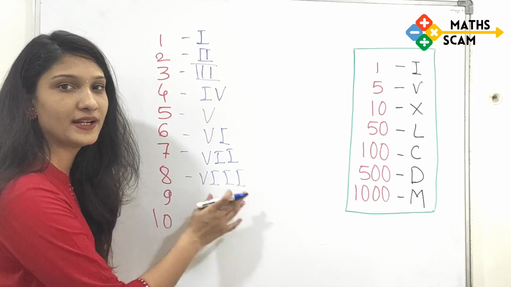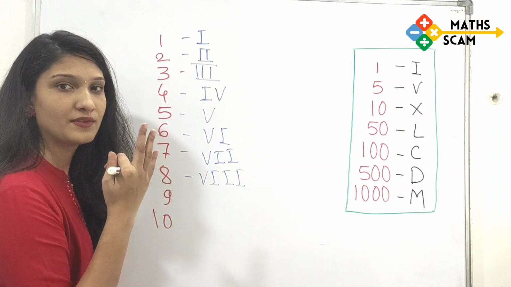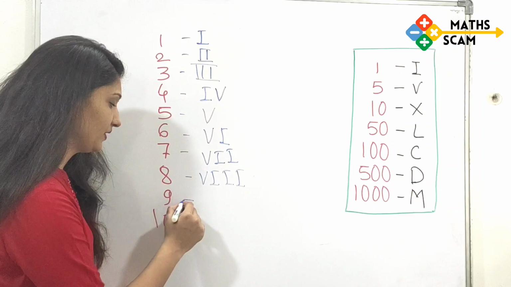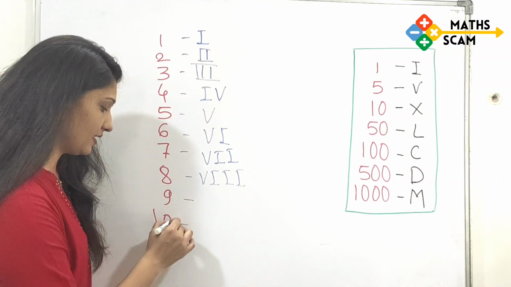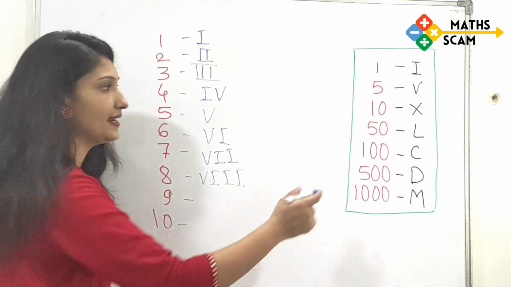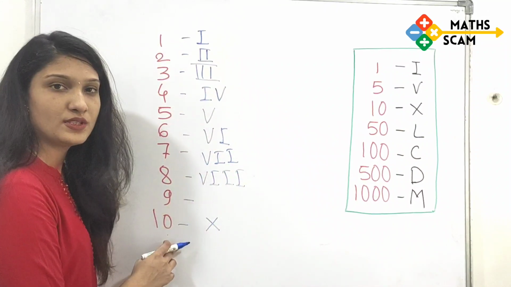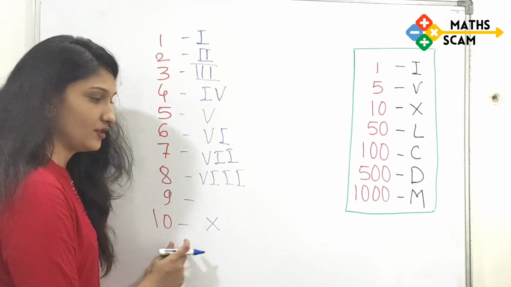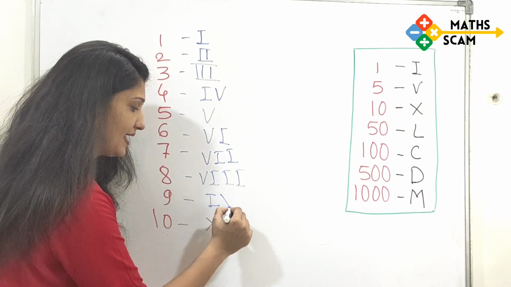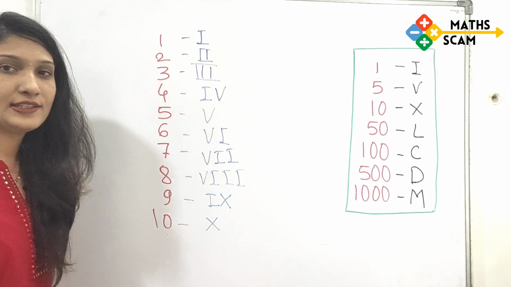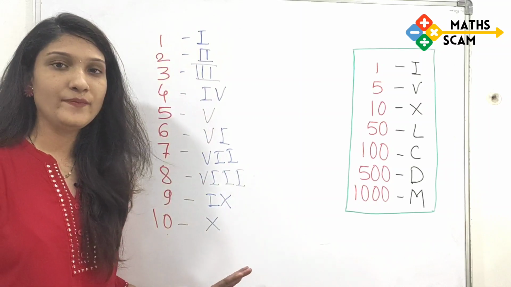No, we cannot repeat the number more than 3 times. Okay. So left 9. How to write 10? 10 is X. So 9 comes before 10. So it will be IX. Understood how we have written 1 to 10?